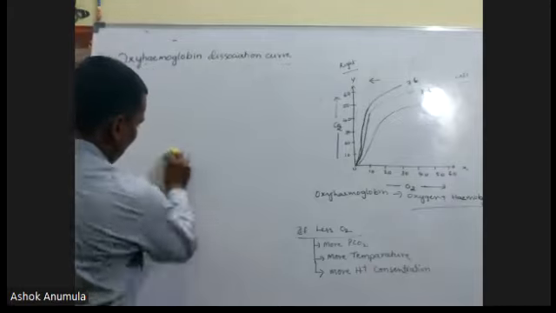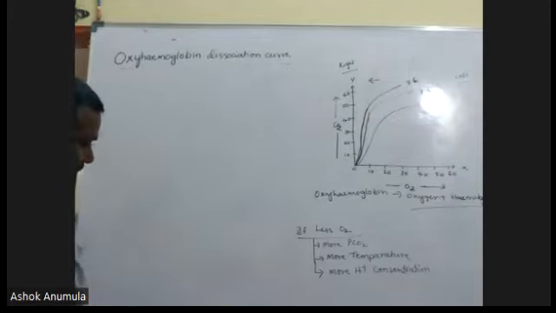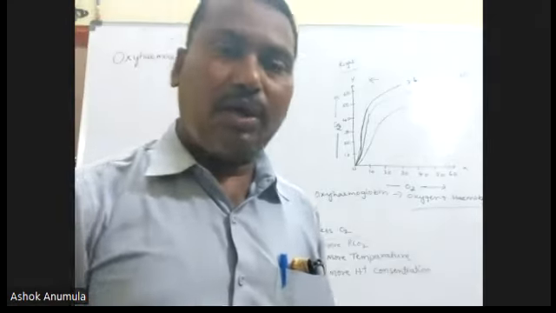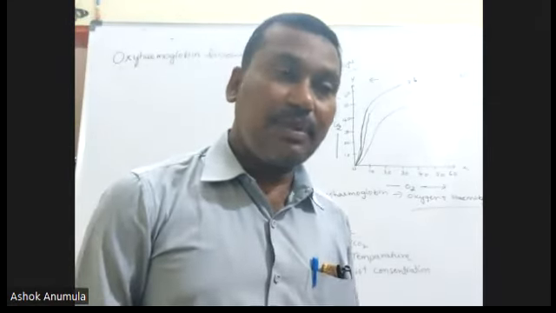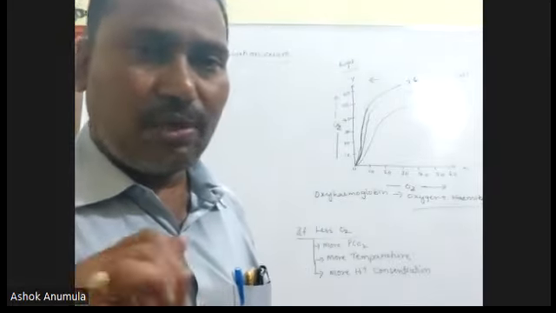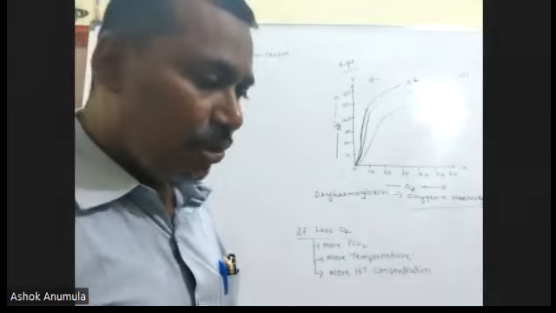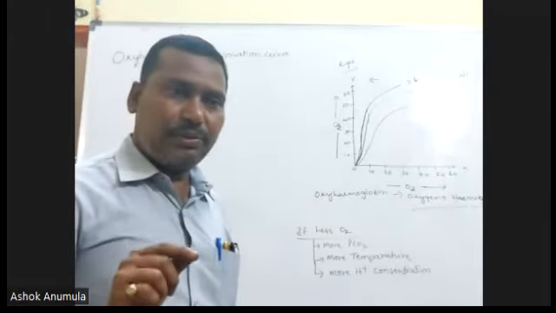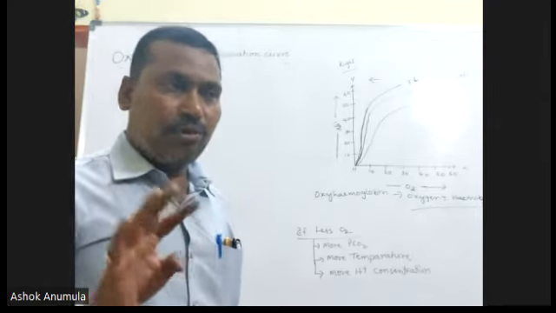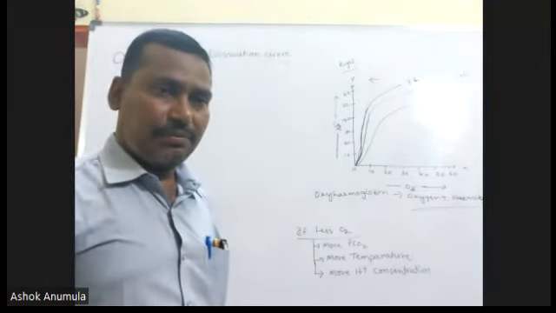In the previous class we discussed that hemoglobin is able to take 4 molecules of oxygen. Hemoglobin contains one ferrous, or iron, molecule, and it is able to take 4 molecules of oxygen.